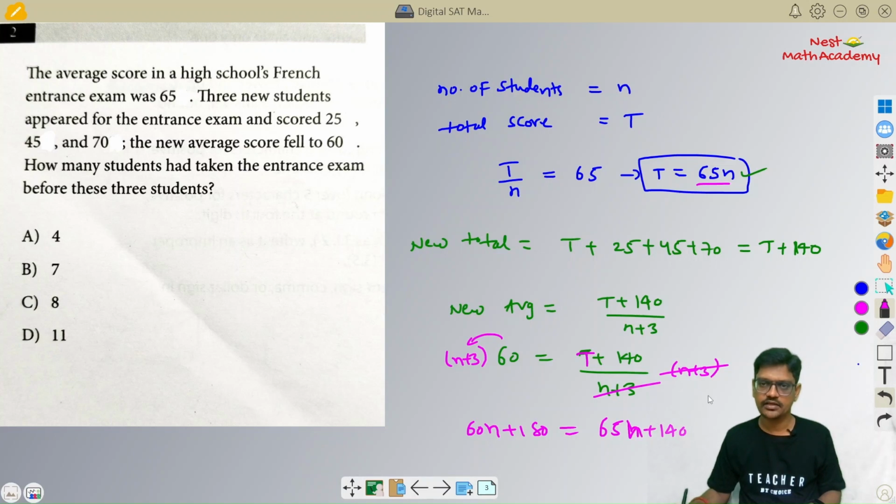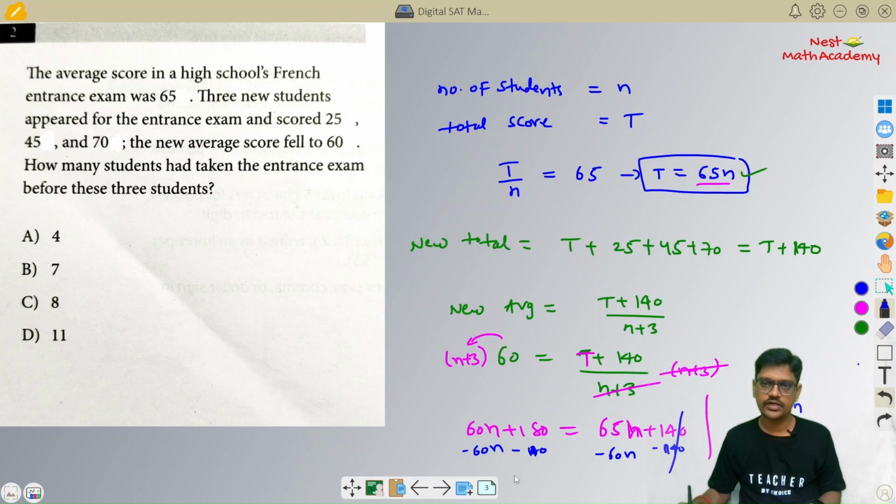Rest of it is basic calculation. So subtracting 60n on both sides and also subtracting 140 on both sides. Let me write it. Minus 60n and minus 140, minus 140. So which will help us to see 65 minus 60 is 5n.